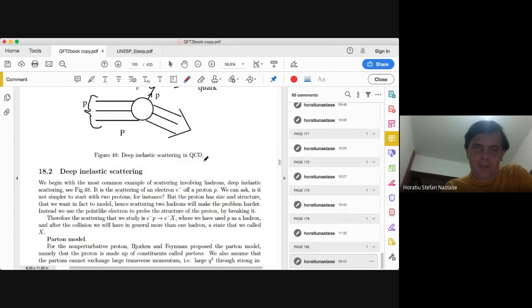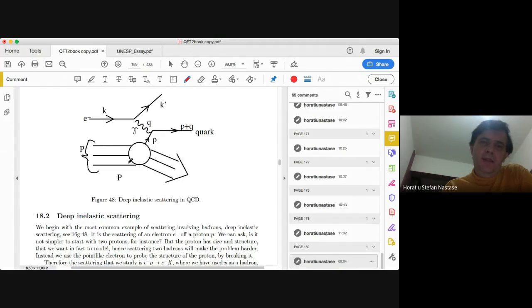Okay, so why would you do this experiment? Why not say proton on proton? Well, we could do that as well. People do proton-proton or proton-antiproton experiments, but those are for beyond the standard model. But why is this not a good idea for QCD?